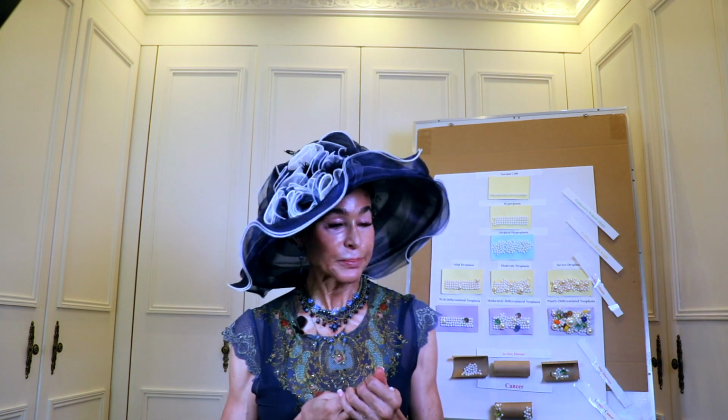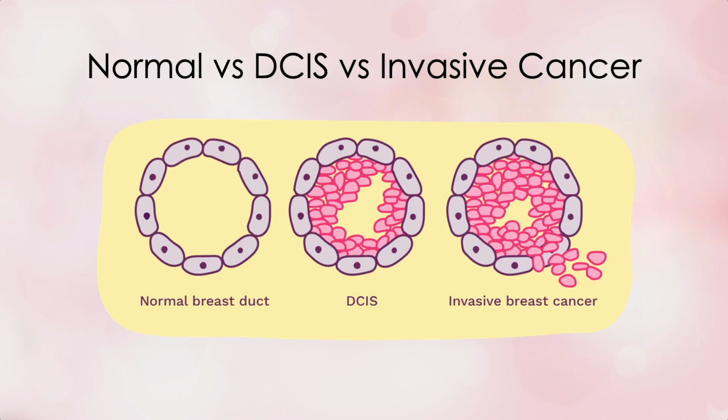Now, I know my props aren't very professional, so here are some photos of a breast duct showing progression from normal to DCIS, ductal carcinoma in situ, to invasive breast cancer. Here's one of the photos. First one is normal, second one is DCIS, the third circular structure is invasive carcinoma.